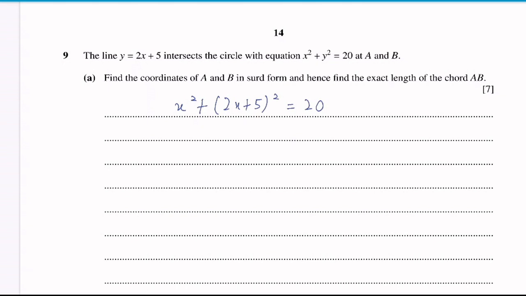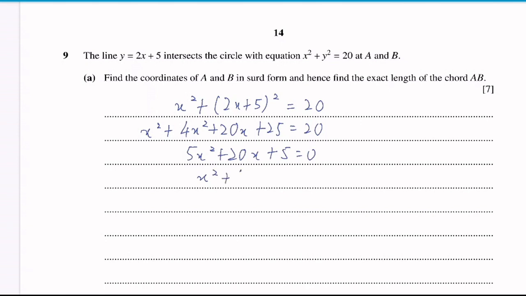So with this, we just have to expand it. Wait, okay, 25. So that is 5x squared plus 20x plus 5 equals 0.